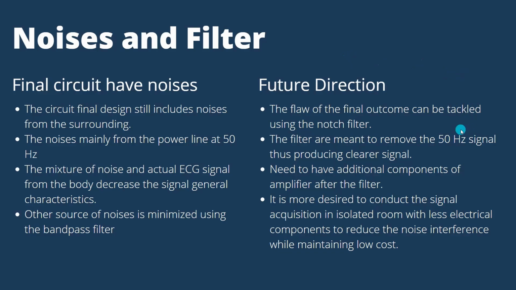Also, since part of our objective is to produce an ECG acquisition circuit or device at lower cost compared to what the market has to offer, it is better if we have fewer components while maintaining the functionality and efficiency of the device. So in our perspective, it is better to have fewer components than to add more components to increase efficiency.